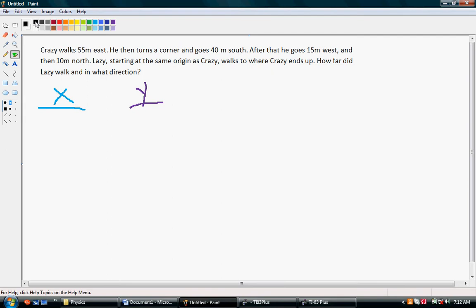So to keep things straight, let's go ahead and draw our graph complete with the unit circle.